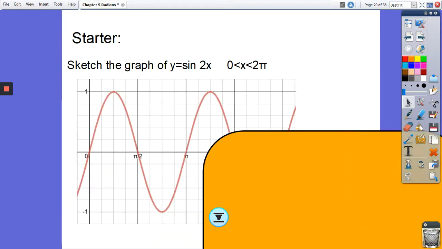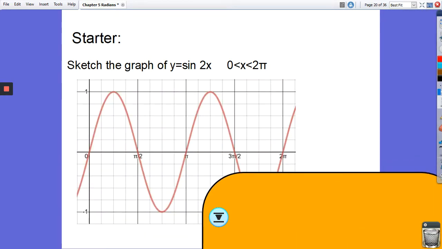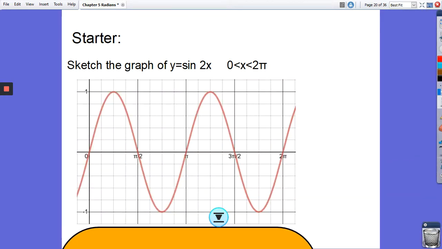Okay, so here's what the graph looks like. Notice that it intercepts the x-axis at pi over 2, pi, 3 pi over 2, and 2 pi. As it does in degrees, it goes between 1 and -1.